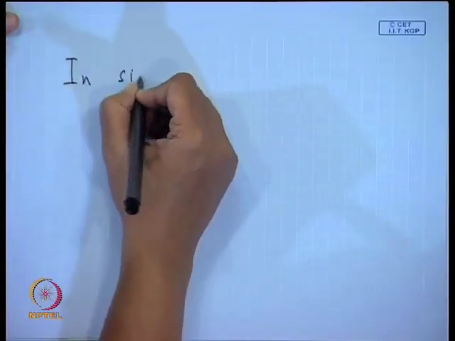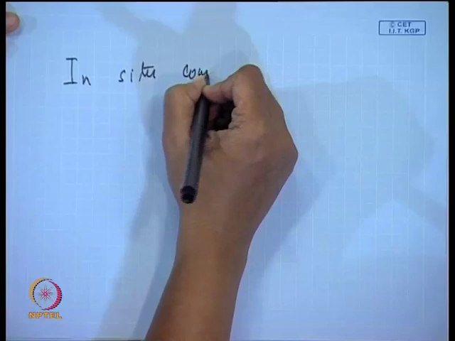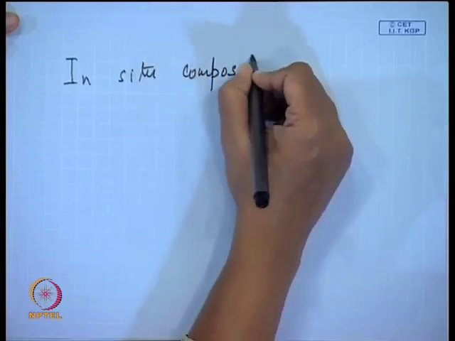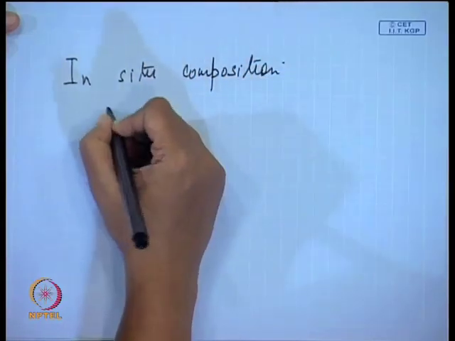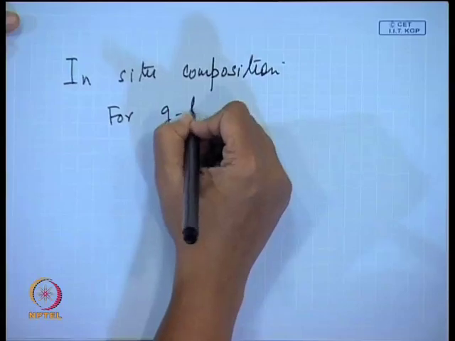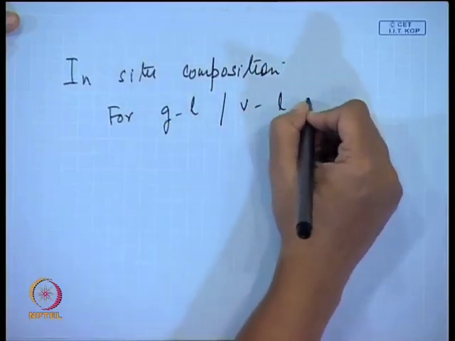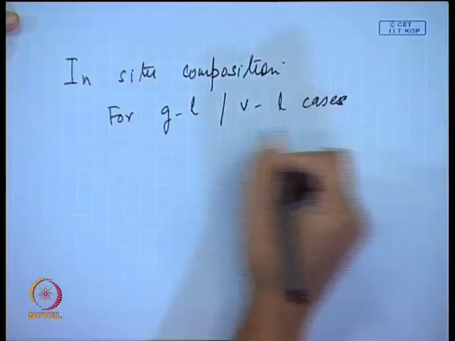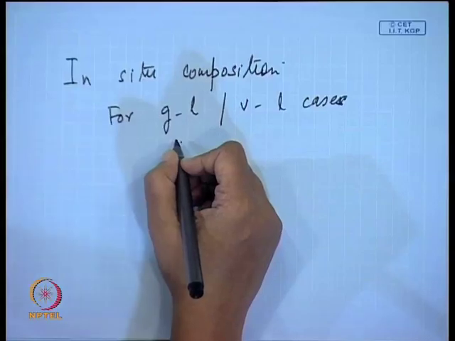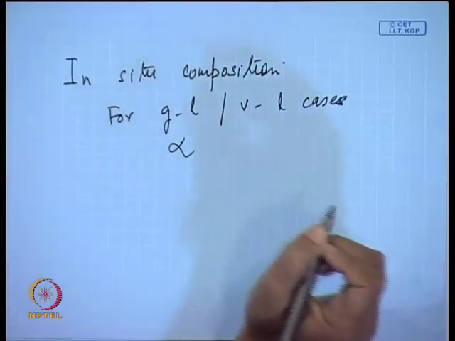So, we need to have two particular parameters to define the composition. One of them is going to be the in situ composition, which, for gas liquid or vapor liquid cases, is nothing but the void fraction, which we denote as alpha.